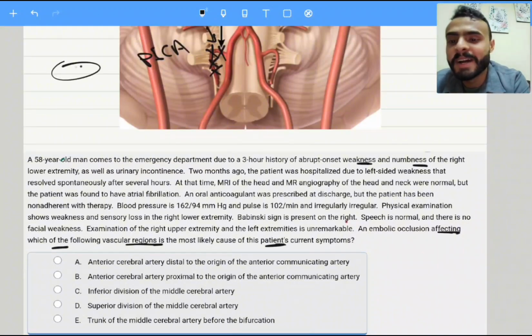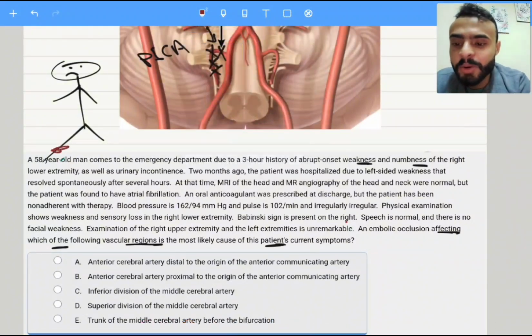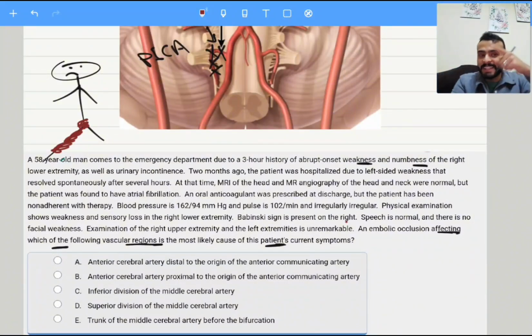Oh, remember my picture. Right lower extremity in addition to the bladder affection. So this is anterior cerebral artery, left anterior cerebral artery.